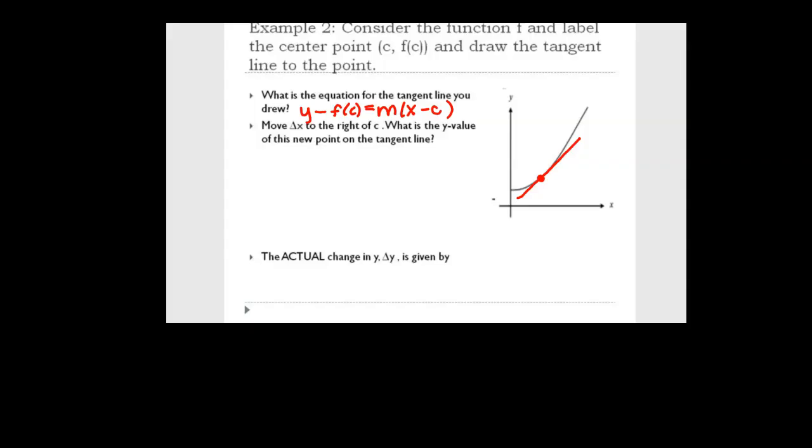And in this case, what does the m in the equation of a tangent line in calculus represent? Well, that m is no longer slope anymore, but rather the derivative at that point. So instead of m, it's f prime of c.